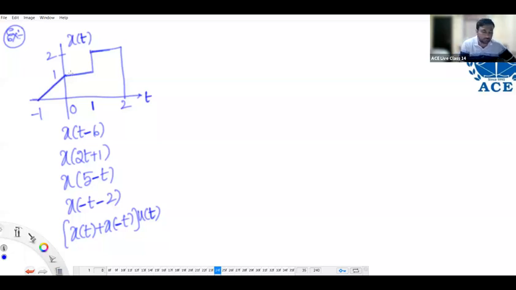X of t we selected like a piecewise signal. For different intervals, its amplitude is different. How to generate these different combination of signals? First one is direct right shift or not.